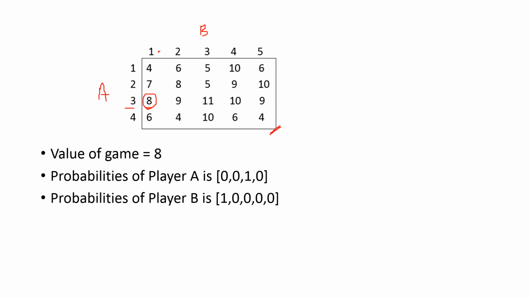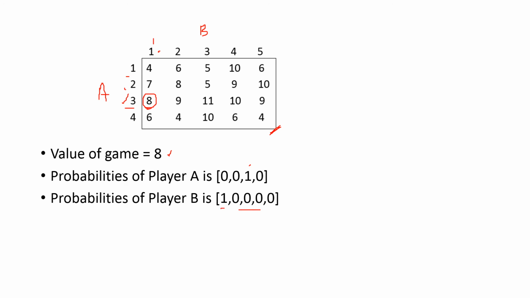Now you have to write that the value of the game is 8, and the probabilities, as usual, for A are 0 0 1: for the third strategy the value is 1 and the others are 0. And for player B, for the first strategy you get the value 8, so that is 1 and the others are 0.